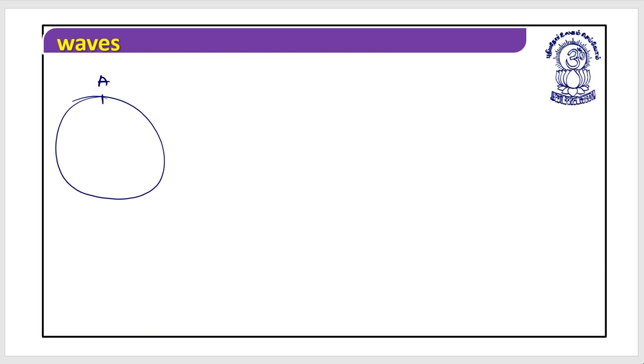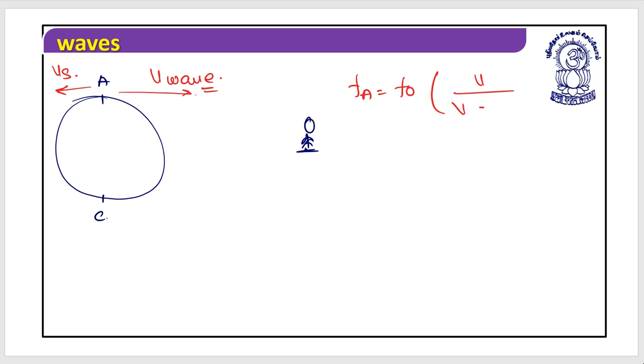Let's suppose this is A, this was C, and here an observer is there. When I say the source will move like this, it's the velocity of source, and this is the velocity of the sound wave technically. So f at A would be equal to f naught into V upon V plus Vs. When this is C, it is moving in this direction, this is the velocity of source, and this will be the velocity of wave.